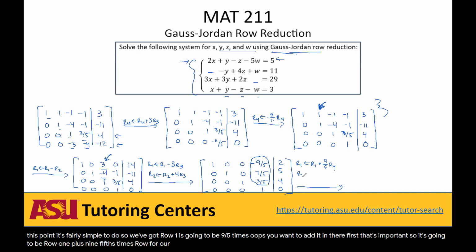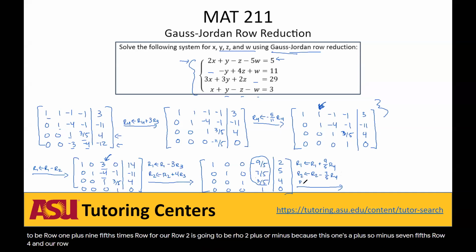Our row 2 is going to be row 2 plus, or minus, because this one's a plus, so minus 7/5 row 4. And our row 3 is going to be row 3 minus 3/5 row 4. A little crammed in there, but hopefully you can see it.